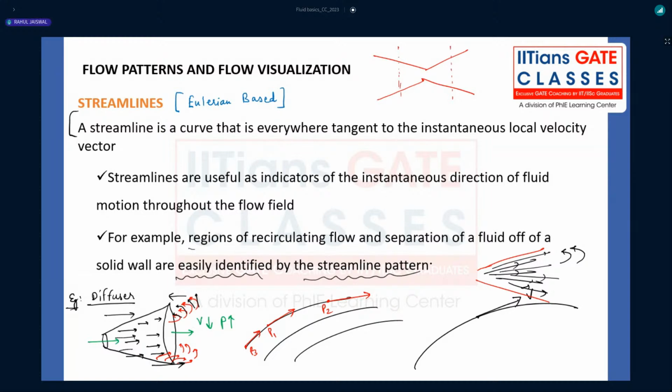This shocking phenomena you will understand in another subject, but the basic fundamental idea is that the streamline pattern results will tell you about the flow, right? Yes or no, guys? Is that clear about the streamline, all of you?